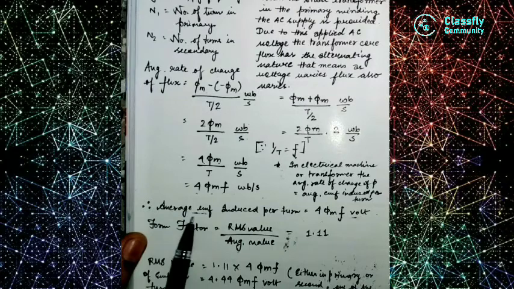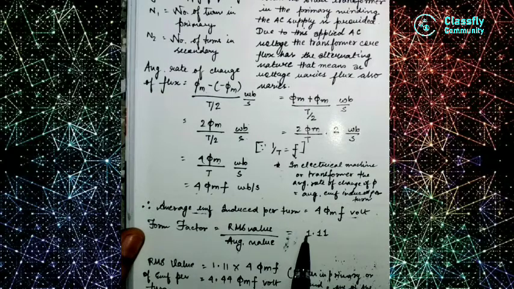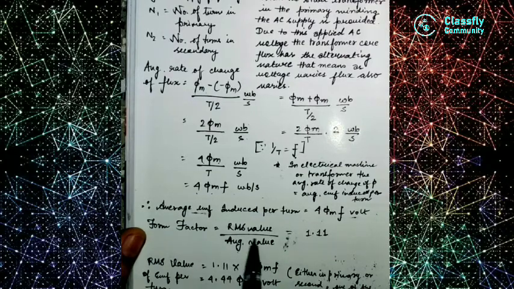So we know that the form factor for an AC is equal to the ratio of the root mean square value to the average value, or you can say the mean value, and its value is 1.11. So for finding the RMS value, we will put the average value of this EMF, that means 4 phi mf, into 1.11.